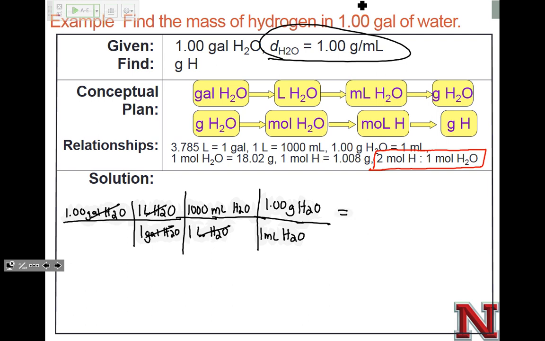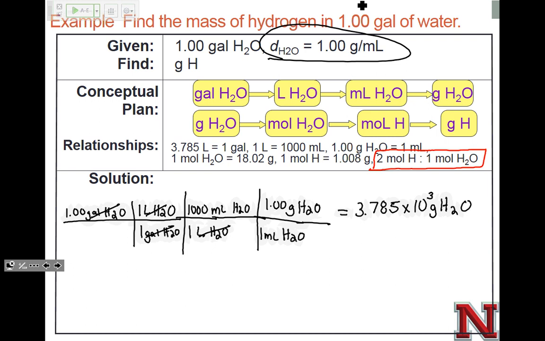So this gives us our mass of water. You don't have to actually find this number. You could keep on going. But I'm showing it just to be clear when you're reading. So this gives us the amount of water that we have in mass.